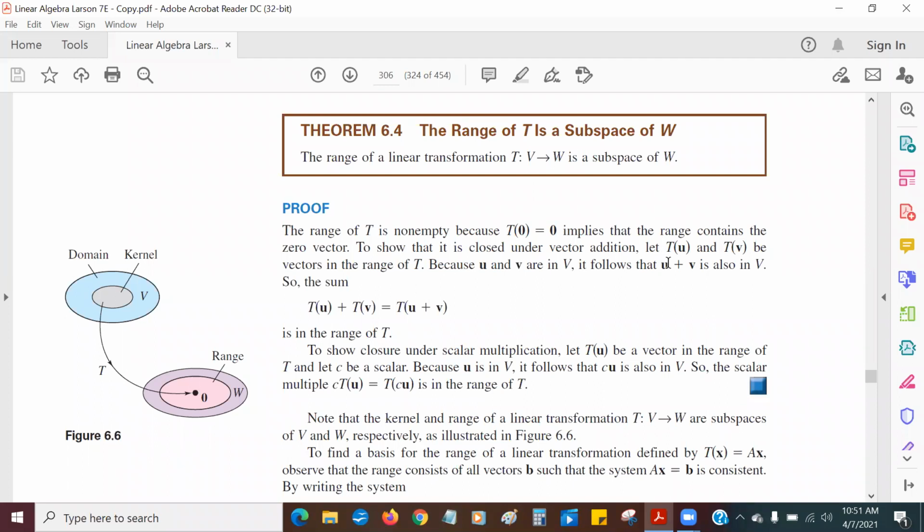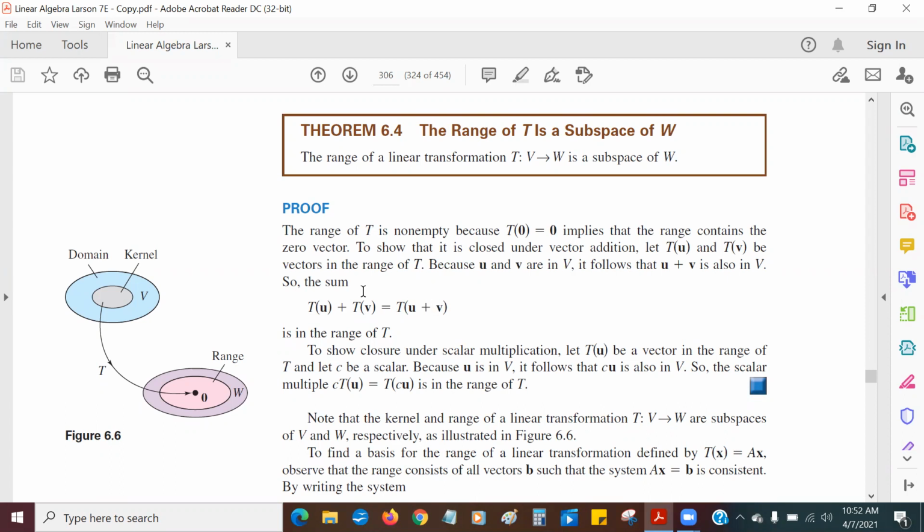So if T of U and T of V are vectors in the range, see, U and V are part of the domain capital V, but T of U and T of V are members of the range, which is a subset of the codomain W. Anyway, U and V are part of a vector space, which means U plus V is also part of that same vector space V. So we know by definition of linear transformation that the sum T of U plus T of V is equal to T of U plus V. But since U plus V is a vector, T of U plus V is in the range, which means T of U plus T of V is in the range.